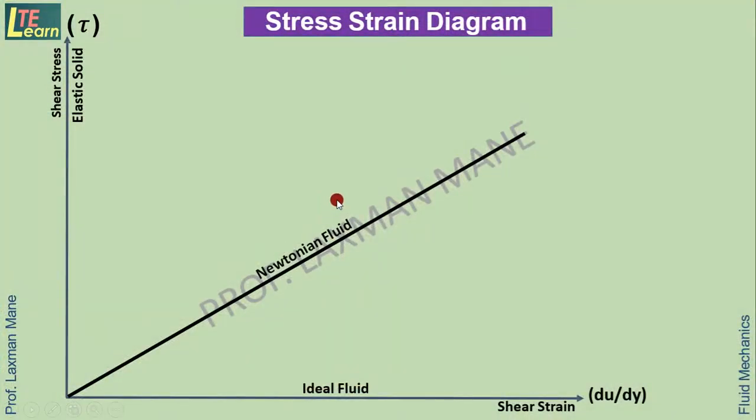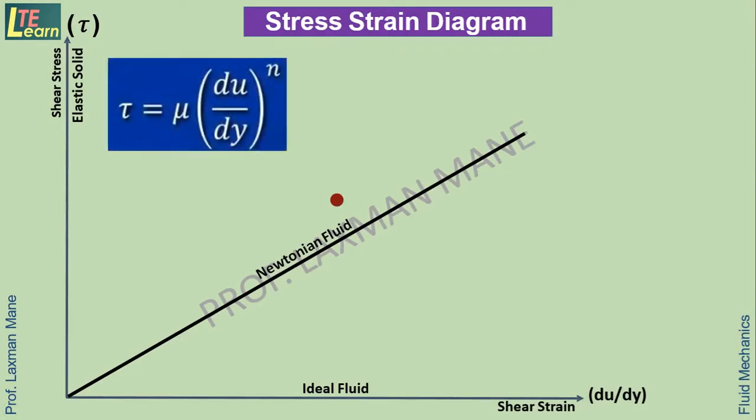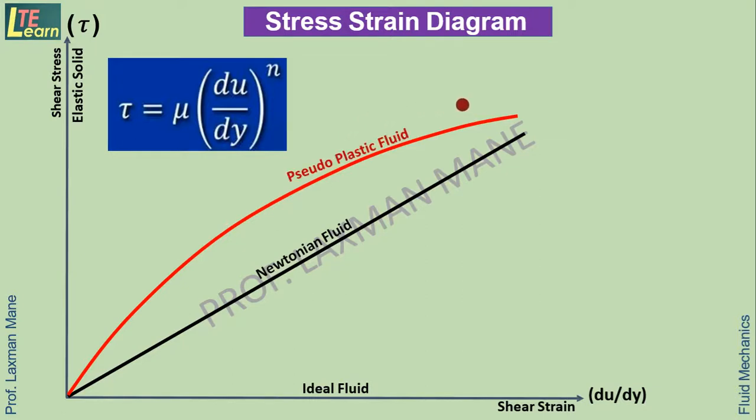In the shear stress strain diagram, we can show this non-Newtonian fluid that is called a pseudoplastic fluid. In this case, the value of n is less than 1.